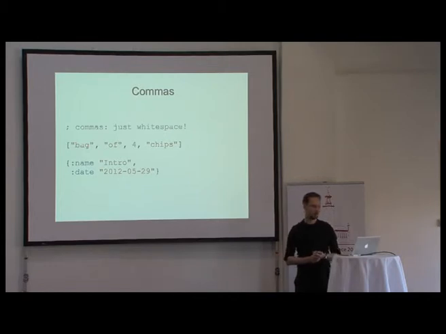So they mean just as little as white space. But just as you want to indent your code for readability, in certain cases you want to use commas to make things more clear. That also means that you can put 30 commas in here and it doesn't matter because it's just white space. So use them for readability and nothing else.